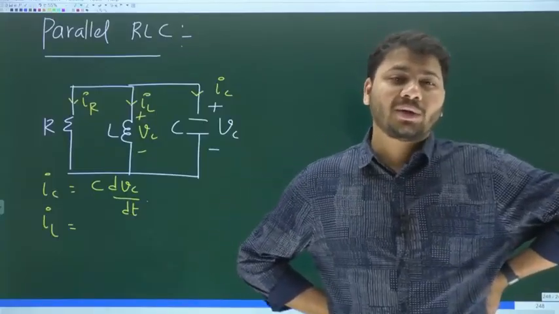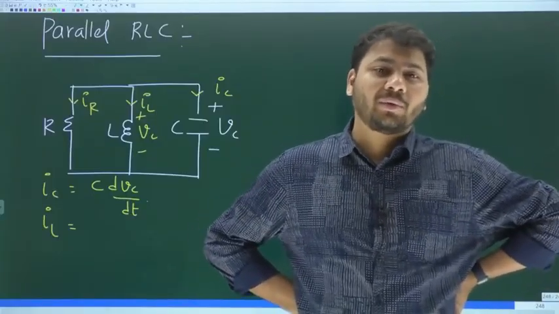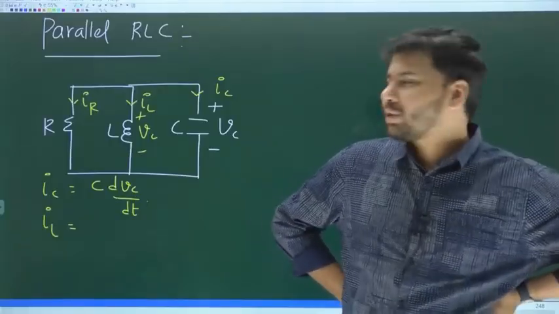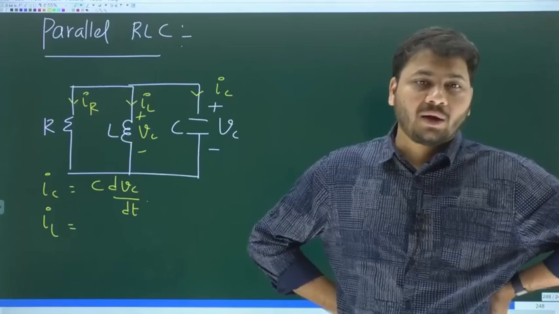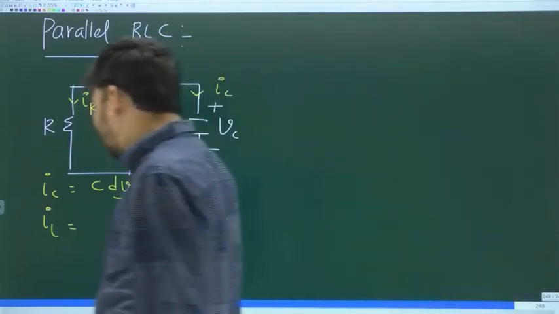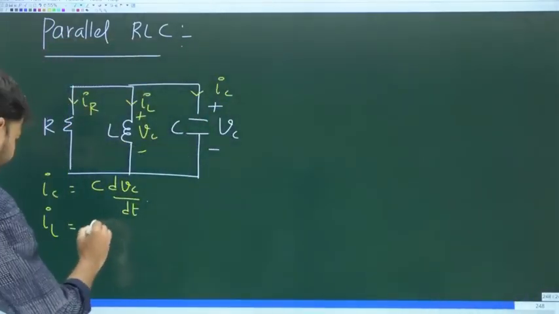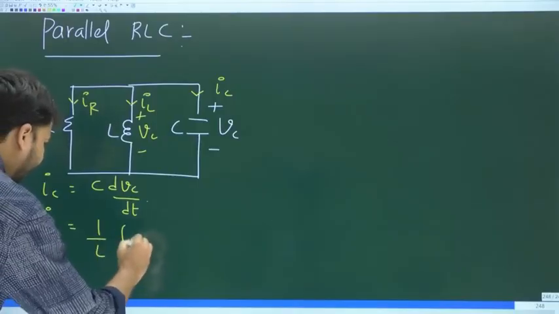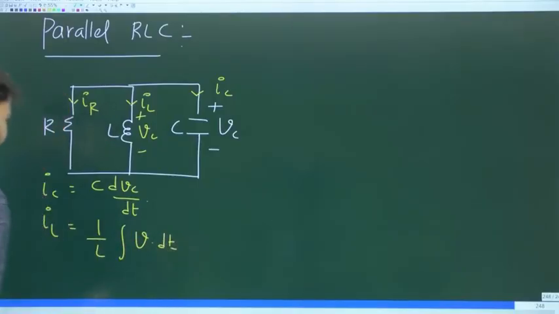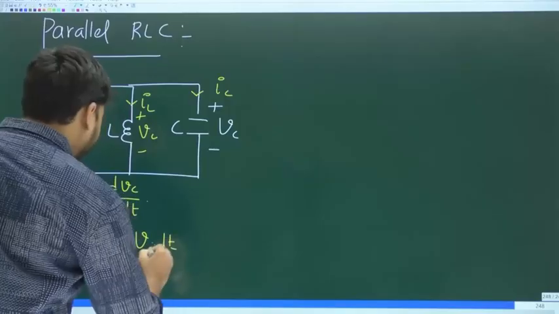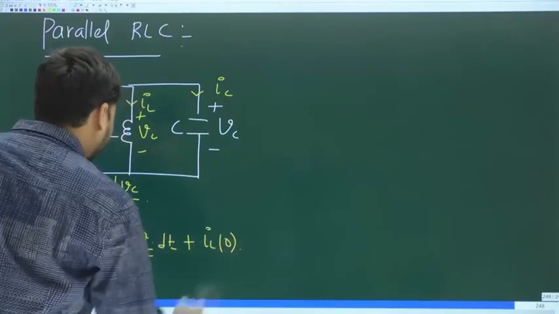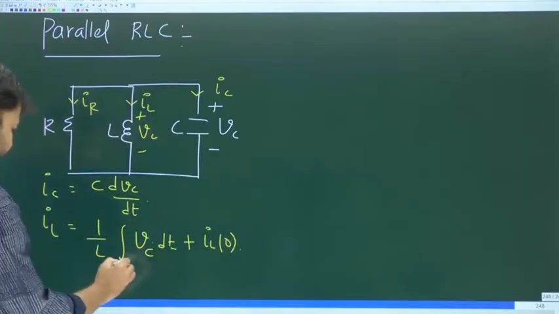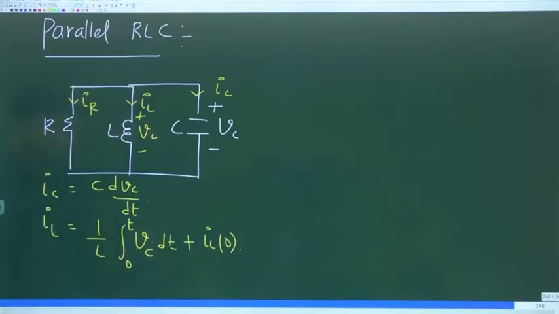Voltage, how is it related to current for an inductor? V is L di by dt. So obviously the current must be equal to the integration of voltage. Yes or no? IL is equal to 1 by L integral Vc dt plus IL of 0, assuming we are doing the integration from 0 to t.